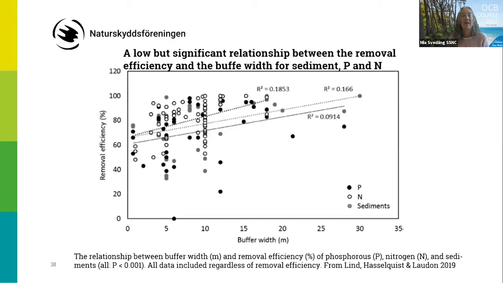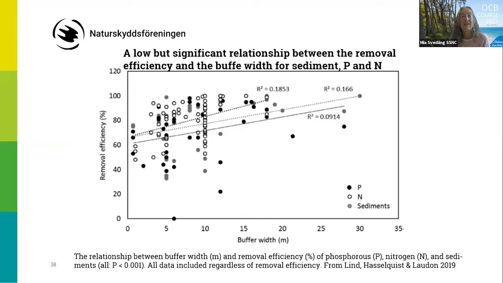And here is a picture showing this connection, a low but significant relationship between the removal efficiency and the buffer width for sediments, for phosphorus and for nitrogen.